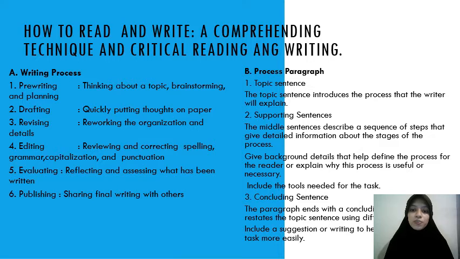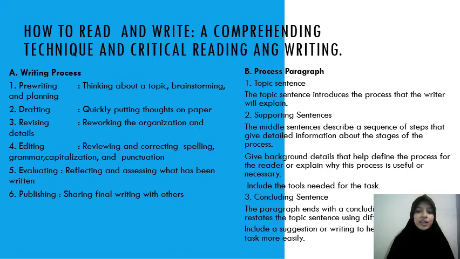B. Process paragraph. 1. Topic sentence. The topic sentence introduces the process that the writer will explain. 2. Supporting sentence. The middle sentence describes a sequence of steps that give detailed information about the stage of the process.